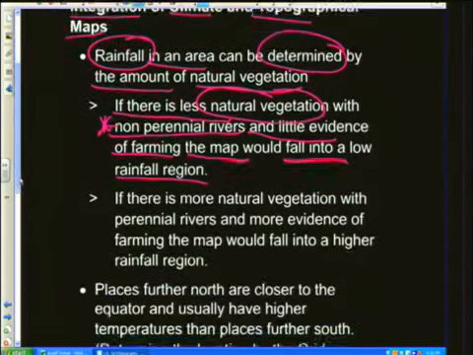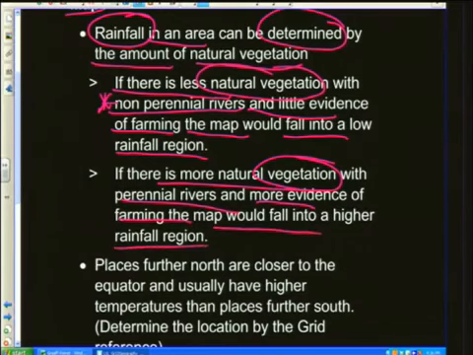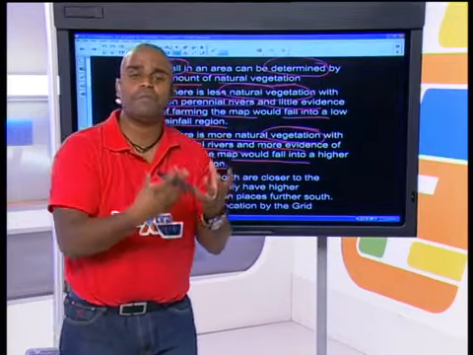The next point, if there is more natural vegetation with perennial rivers and more evidence of farming, the map would fall into a higher rainfall region. Simply, guys, this is the opposite of what we're talking about. The more green on the map means the more rainfall area that the map falls into.